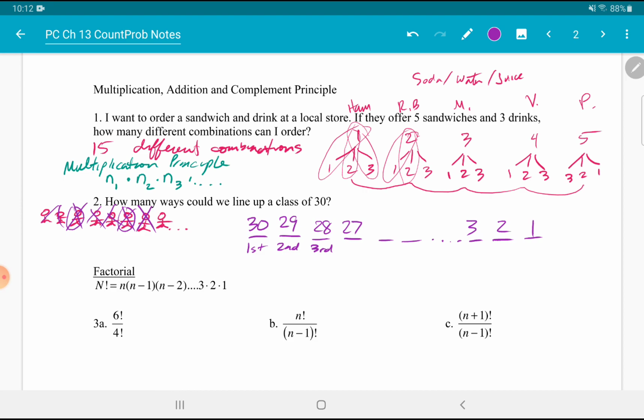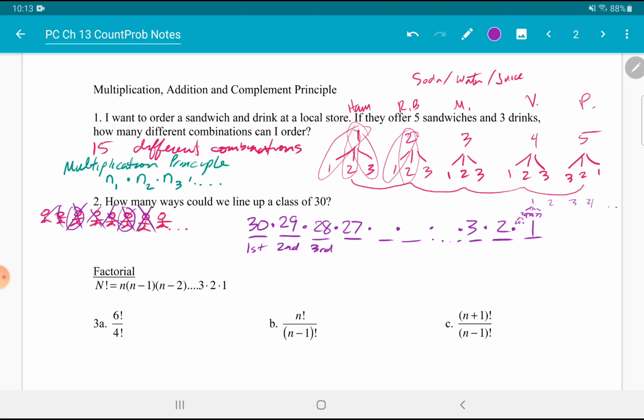So you can think of this like a big tree diagram. You've got 30 people, then 29 people to choose from, then 28, and so on. In a way, you're creating a tree diagram where you're multiplying all of those values together until you reach your value of 1.